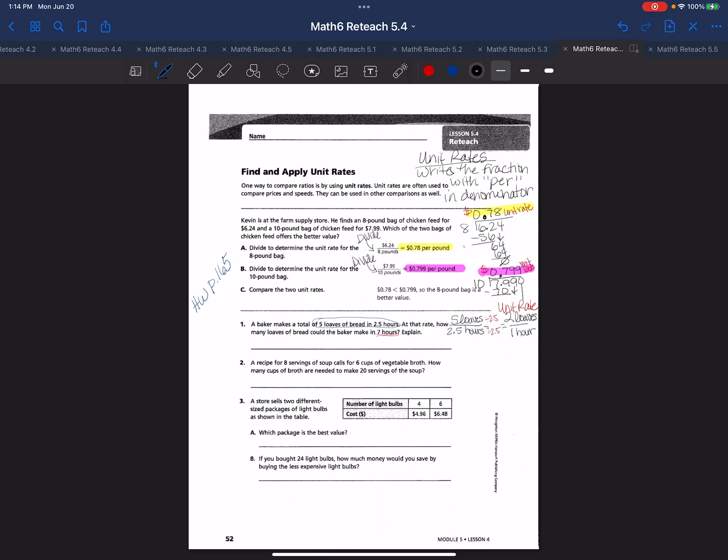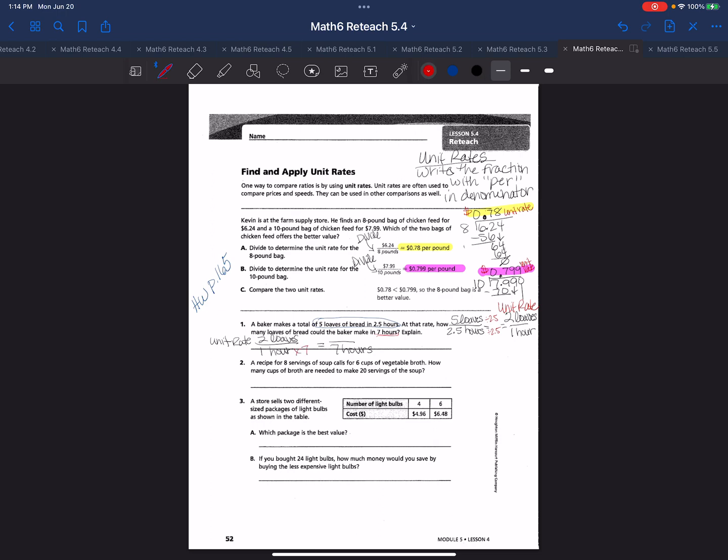Now what happens is I take my unit rate of 2 loaves per 1 hour, and then I need to say how many can he make in 7 hours. 1 hour times what is 7? 7.